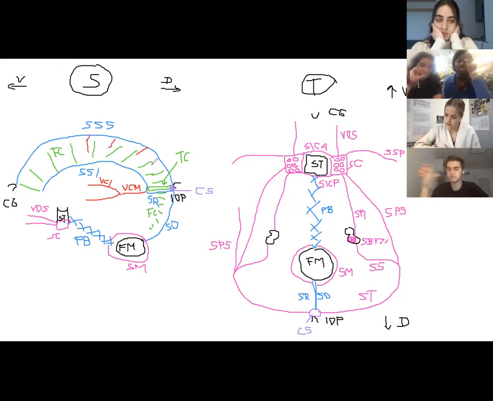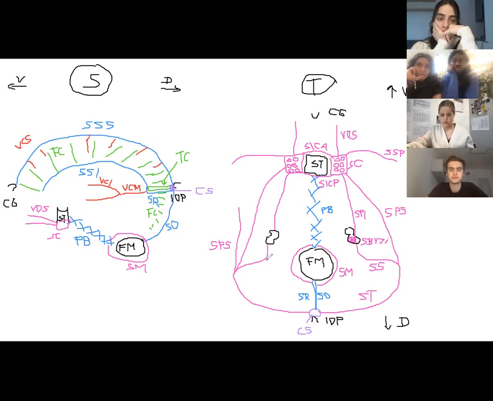And we can divide them into the superior ones. So these are superficial, better we call them venae cerebri superiores, superior cerebral, and the inferior, which drain here. So we call these inferior.